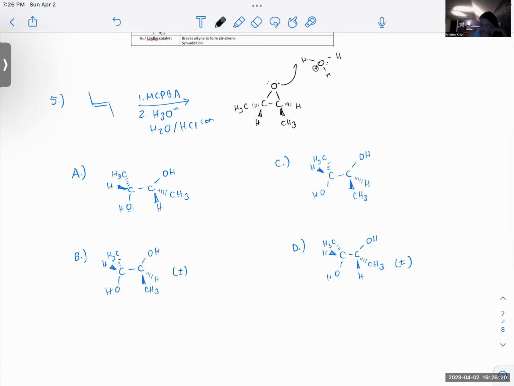This oxygen is going to get protonated, giving it a partial positive charge.